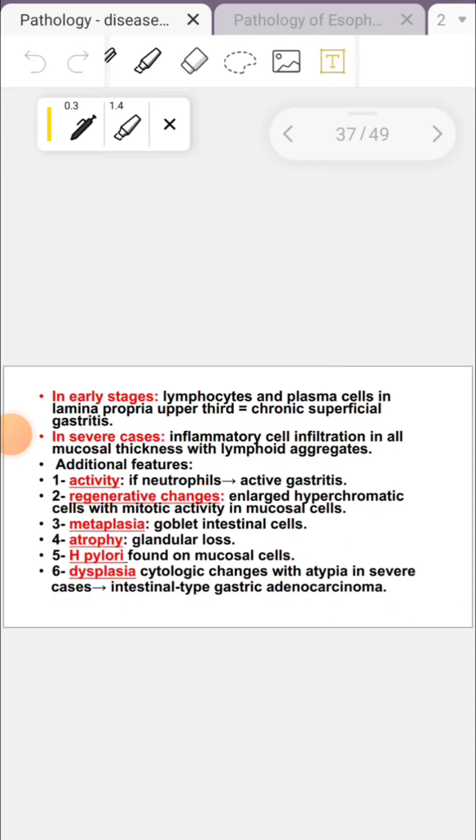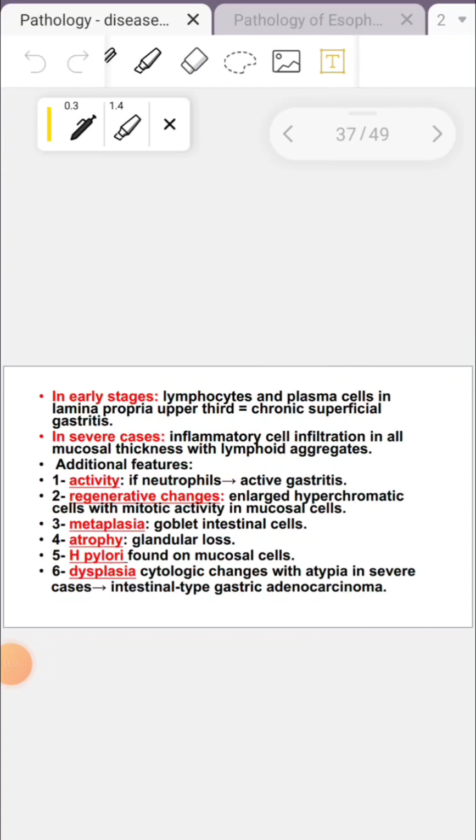Regenerative change: what does it mean? There is chronic inflammation, cellular damage, repair, and regeneration, with increased mitosis to replace the damaged cells. We call this regenerative change.